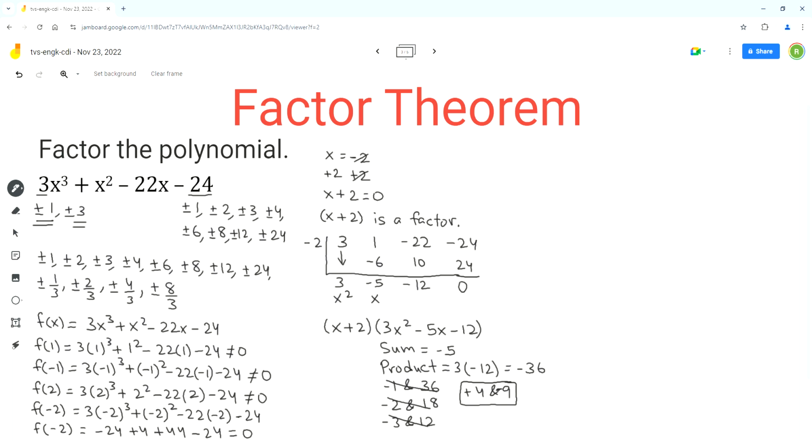Now we can use these two numbers to break up the middle term. Now we can use the grouping method. We'll pair up the first two terms and the last two terms. We have to do common factoring from each pair.